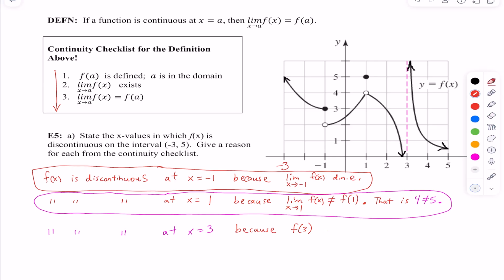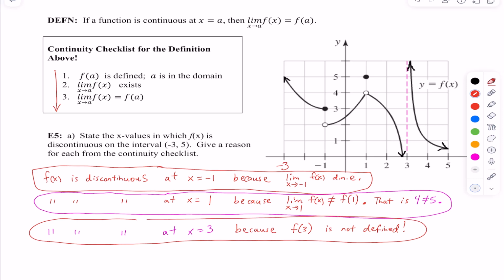In other words, f of 3 does not exist, or f of 3 is simply nonsense. So make sure you're going through the continuity checklist in order, and that will give you the most efficient way to describe when a function is discontinuous.